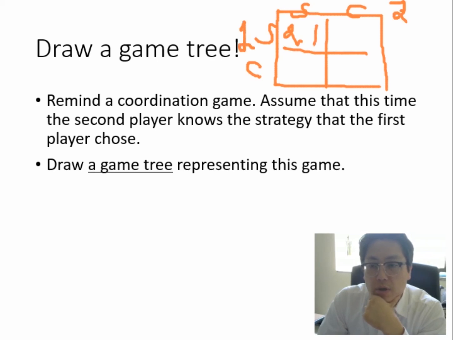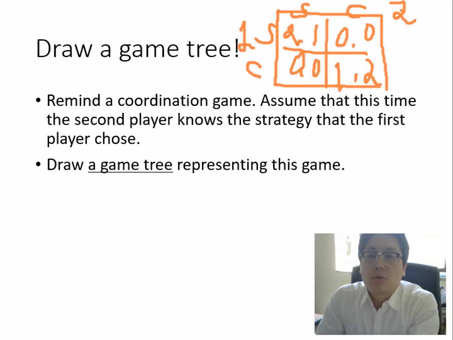This is the second player. So 0, 0, 0, 0, 1, 2. When I was describing this coordination game, there were two players who can choose between S and C, and those are the payoffs. And they choose their strategy simultaneously. That was the basic game setting of this coordination game.